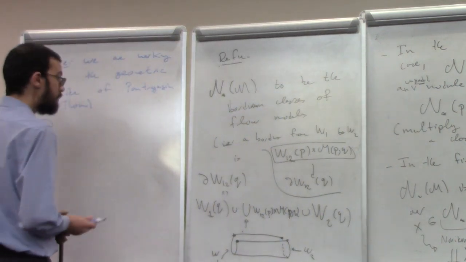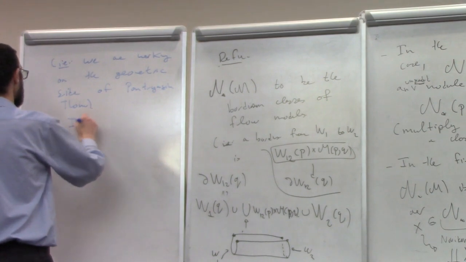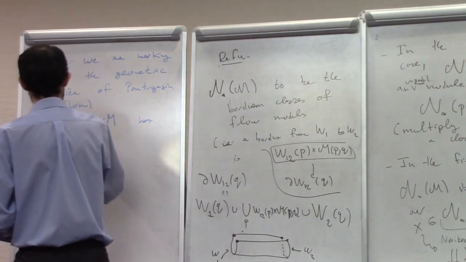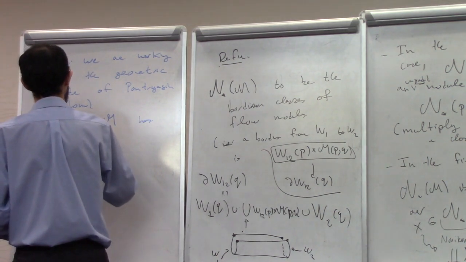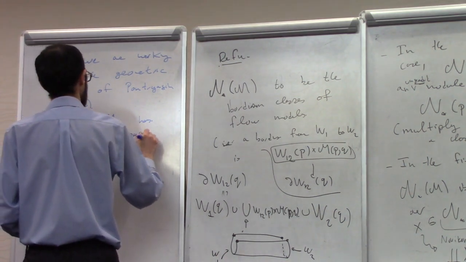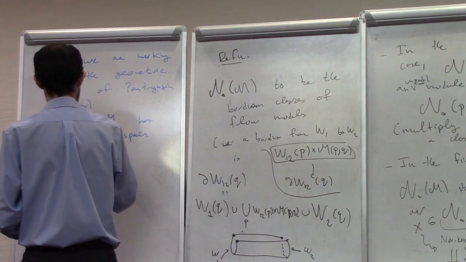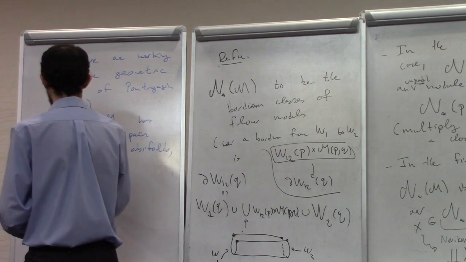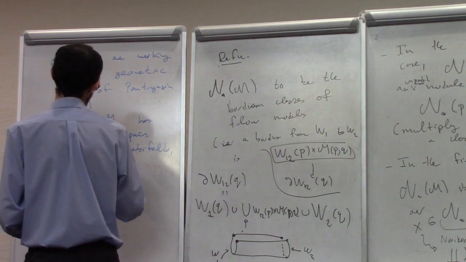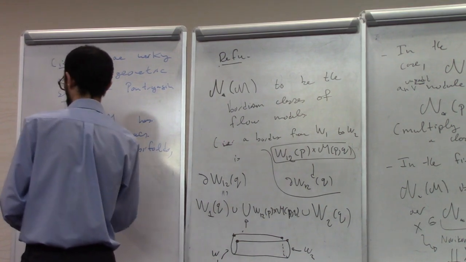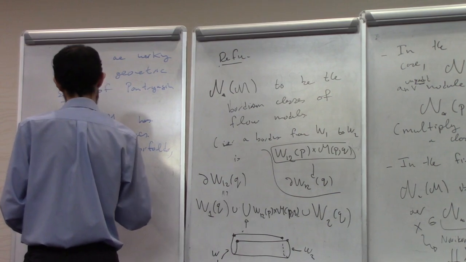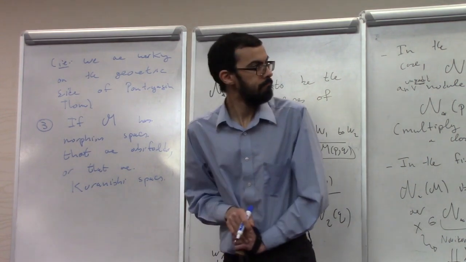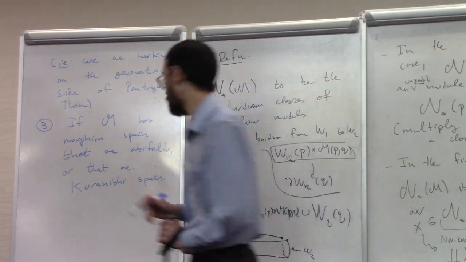So if instead we assume the flow category has morphism spaces that are orbifolds, or that are, say, Kuranishi spaces, then you can just do the same thing.